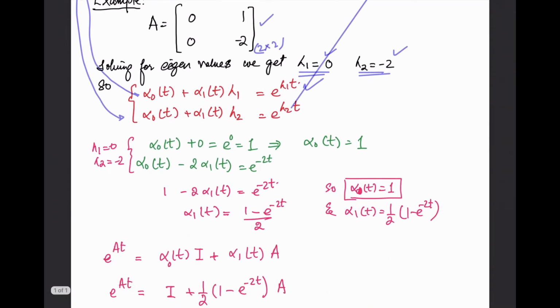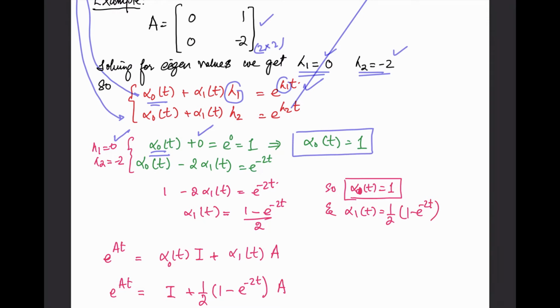Now from these equations, using the eigenvalues, you can set up the equations like this. Alpha naught t, what is lambda 1? Lambda 1 is 0. So this term is going to become 0, and e raised power 0 t. So you have the first equation, and from this first equation, alpha naught t is equal to 1, right?